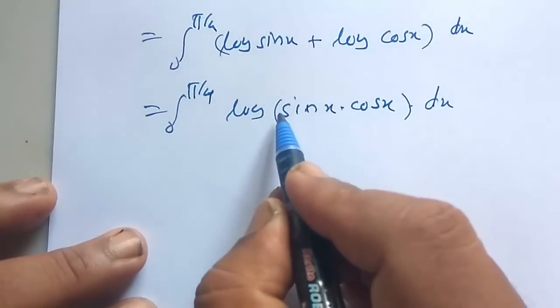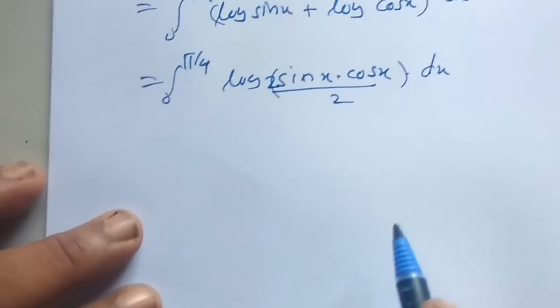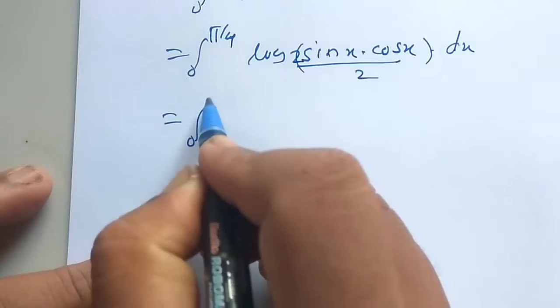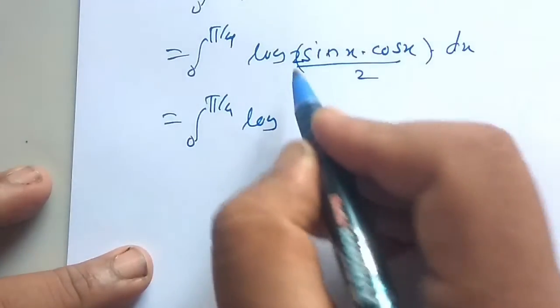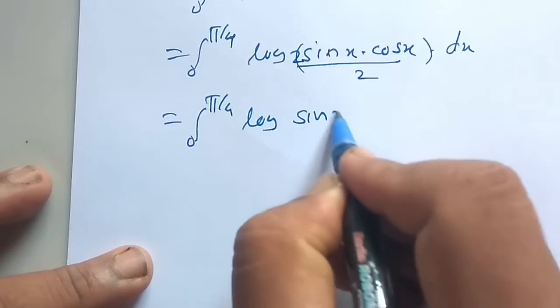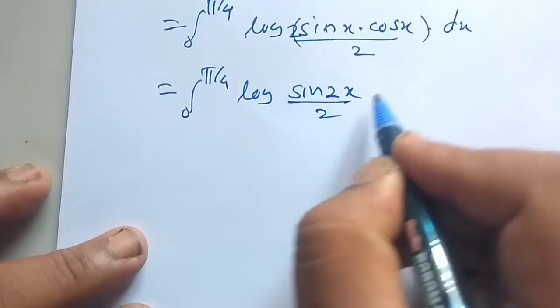Here I multiply by 2 and divide by 2. So this is equal to integral 0 to pi by 4 log of 2 sin x cos x, which becomes sin of 2x by the half angle formula, divided by 2, dx.